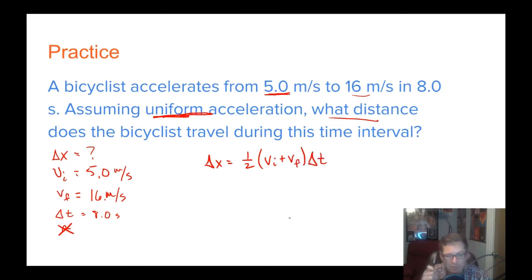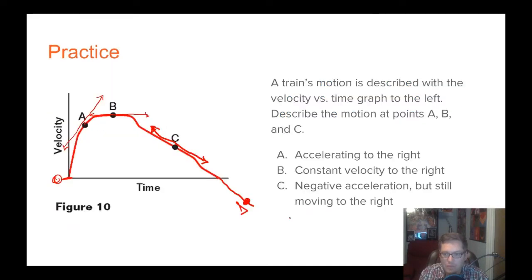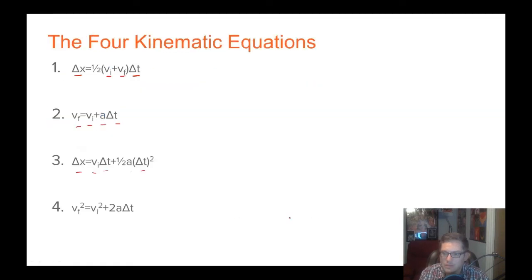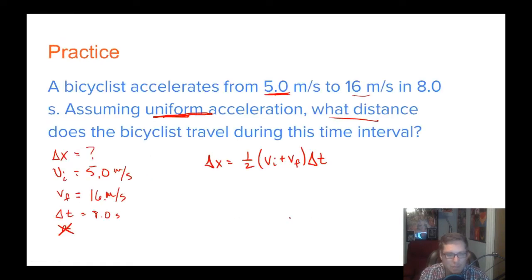If you're paying attention, 1/2 (vi plus vf) should look very familiar. It's exactly the formula we had right here at the bottom. So we're just taking the average velocity and multiplying it times time.